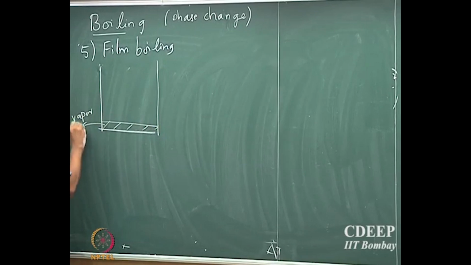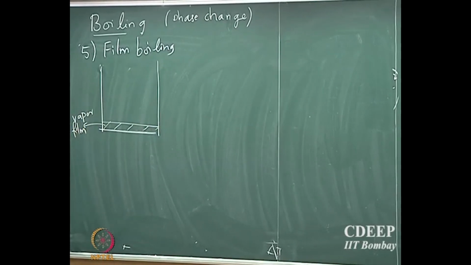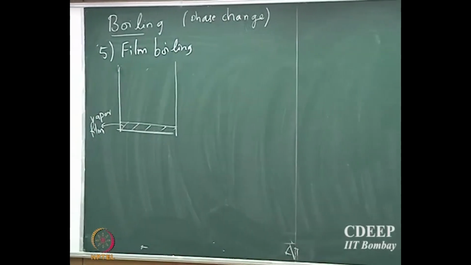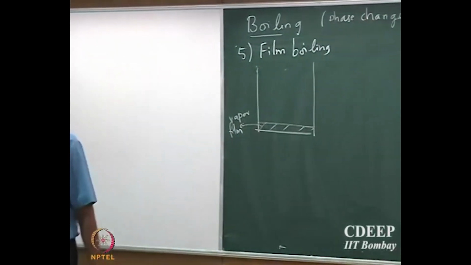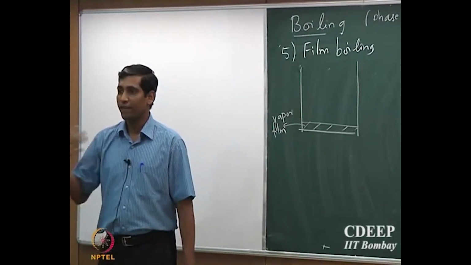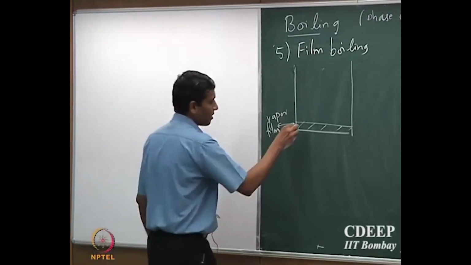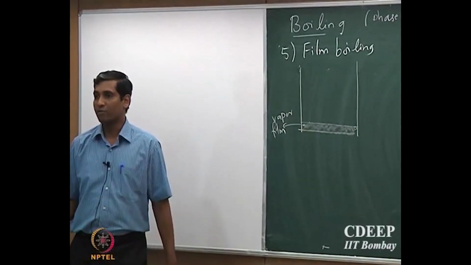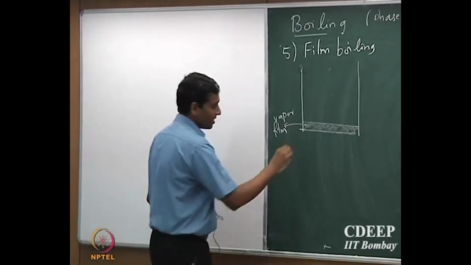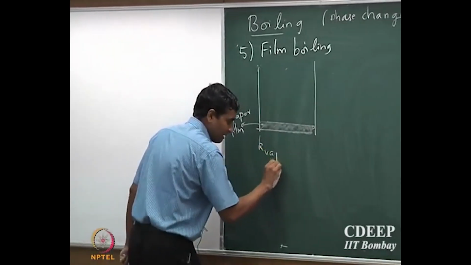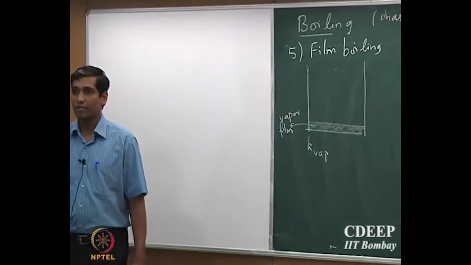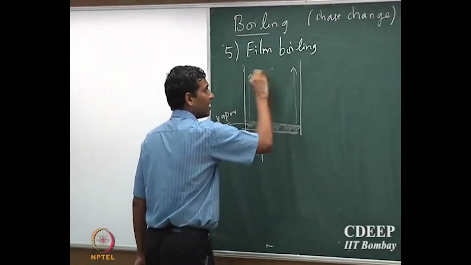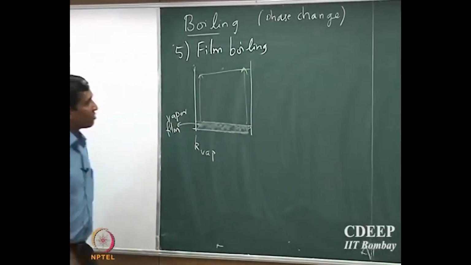So the temperature difference is significantly higher, so that any fluid which comes in contact with the bottom surface is going to be instantaneously converted into its vapor state. So the bottom surface will always be in contact with the vapor phase of the fluid, and so the primary heat transport is because of the conductivity of the vapor phase. Okay. So the vapor will form and they will all escape out. Okay. So that is the mechanism.